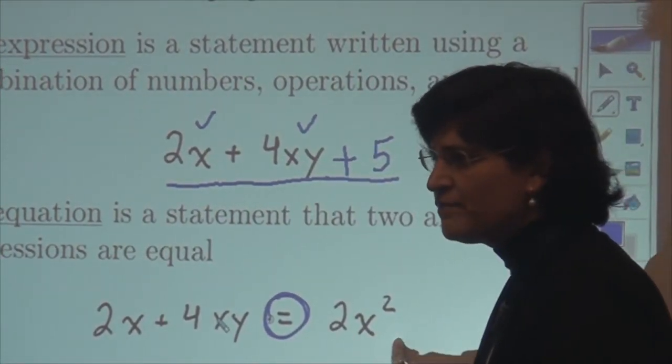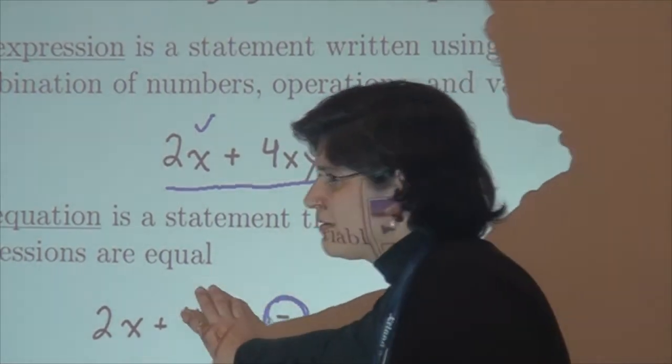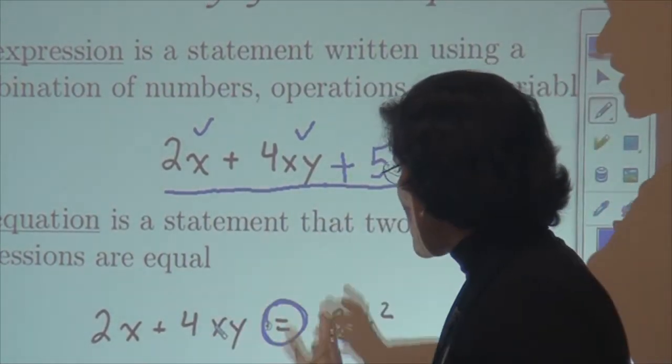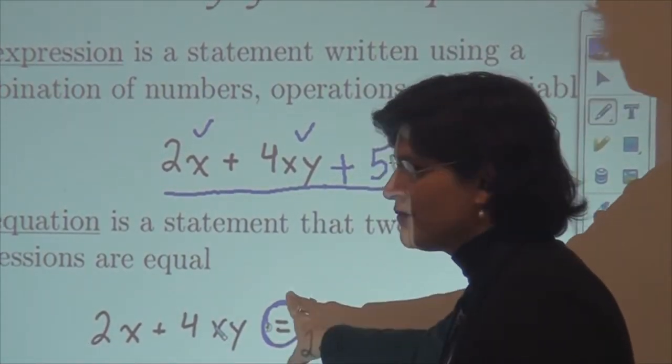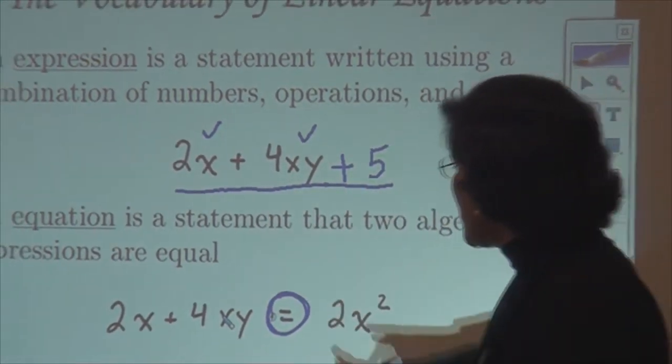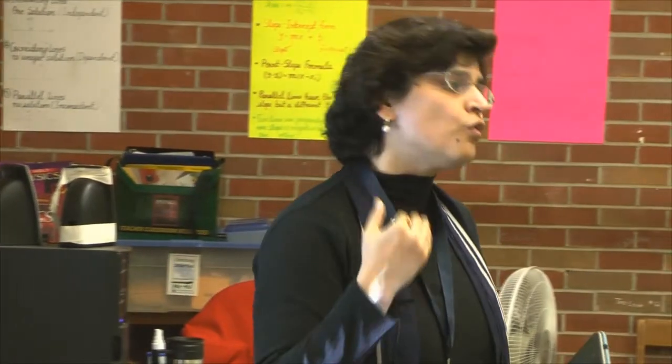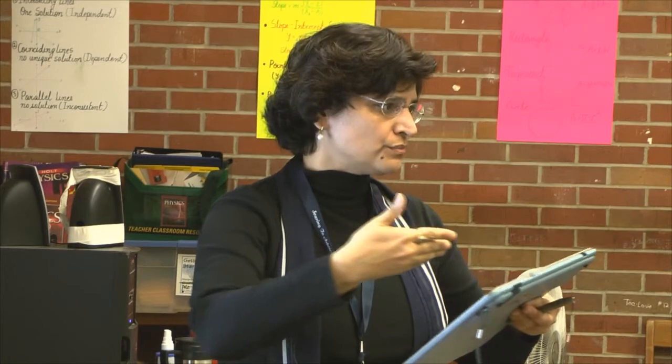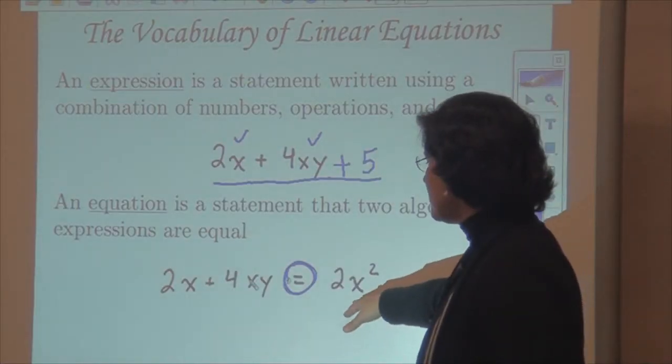There are two expressions and they are on either side of the equal sign. The two expressions are connected by this equal sign, and that is why this is called an equation.